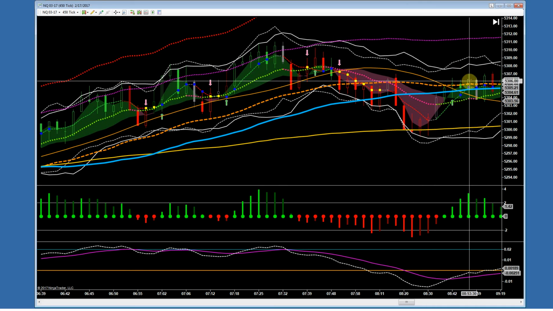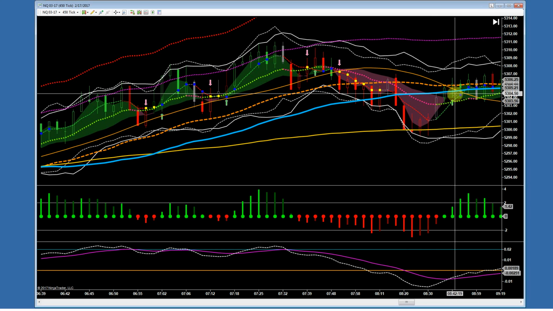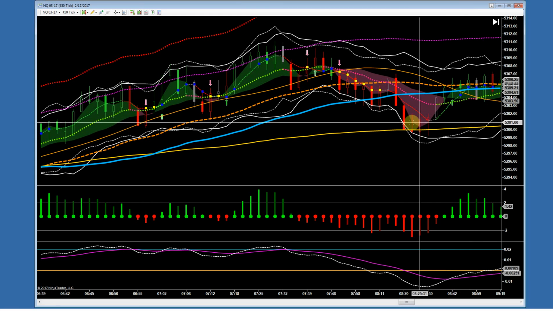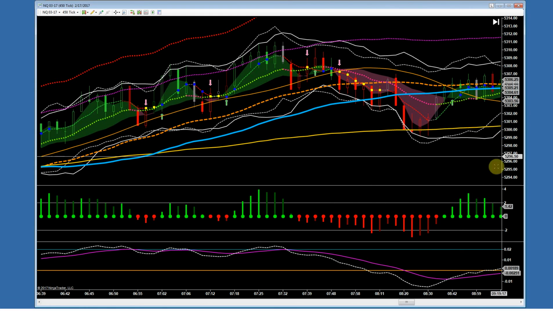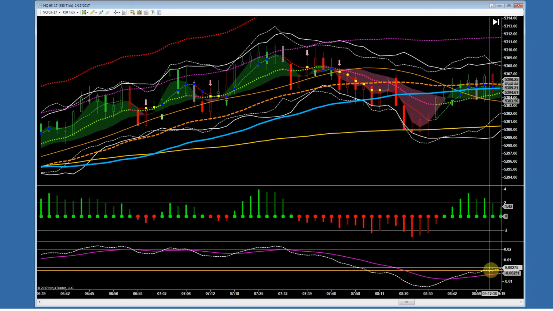In other words, the orange line's above the blue line. These are key institutional levels, by the way. I'm just calling them orange line, blue line, because I'm trying to make it simple for the presentation. But you see Cobra crossing over this filter. And here's the key, right here. The Precision Trade Guide is crossing back up over the orange line.